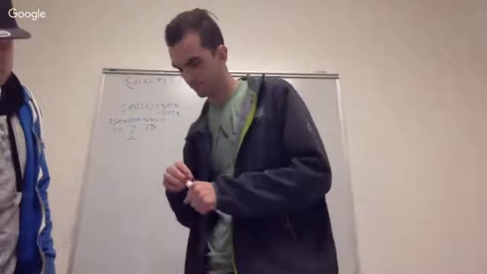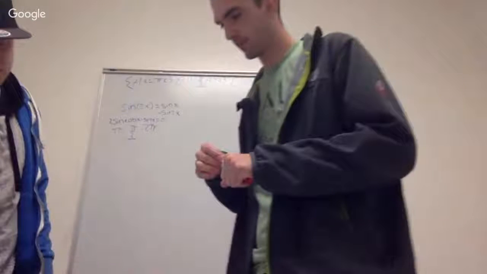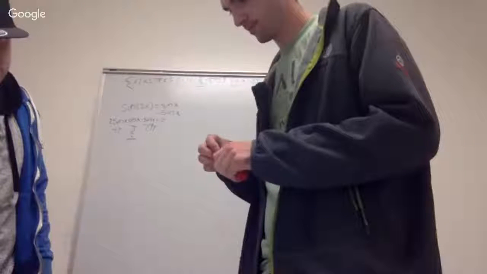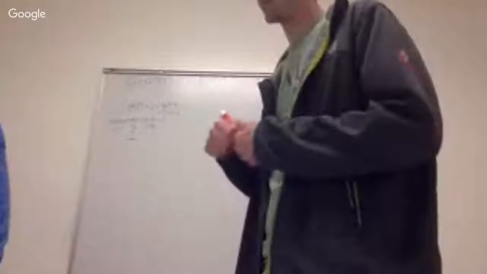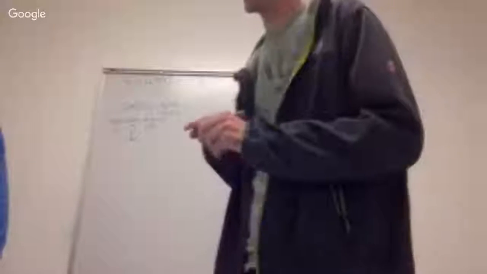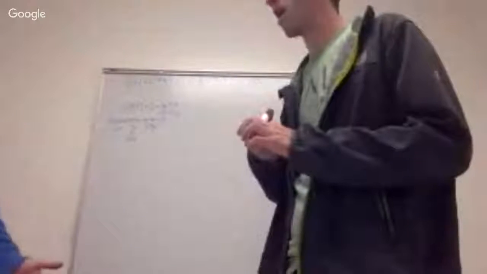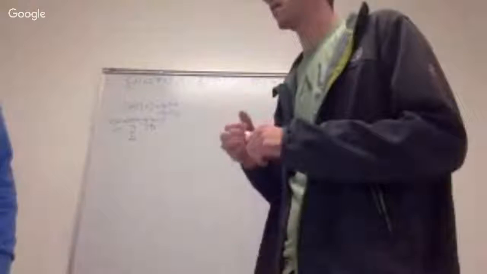So you get cosine x over 2 equals square root of 3 over 2, right? So we look at the values. Say cosine at pi 6 is root 3 over 2, and we say cosine at 11 pi 6 is root 3 over 2. But it's over 2, so we have to divide by 2.